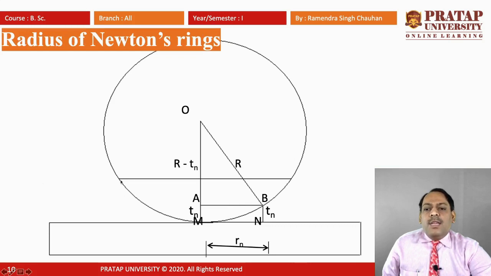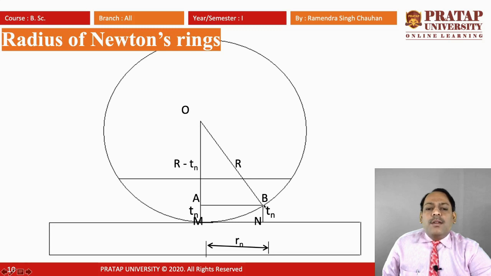So here we are completing the circle, like this sphere of the plano-convex lens C, and this is the glass plate on the lower side. Suppose at any point B a ring is formed at any thickness Tn, and from the center O of the sphere to the point of contact, the point A is coming here.